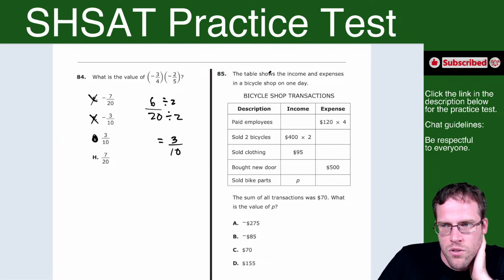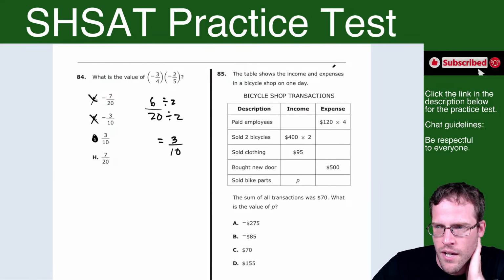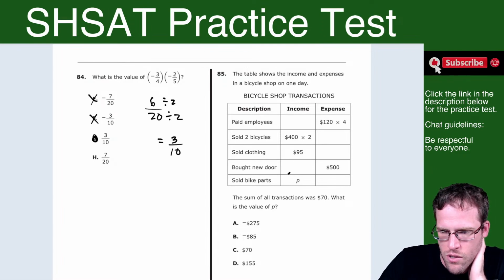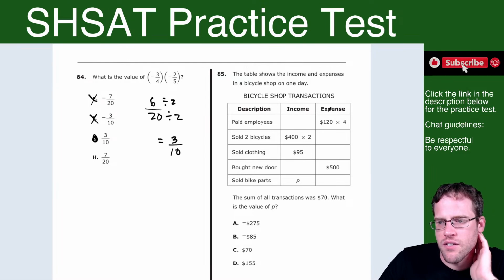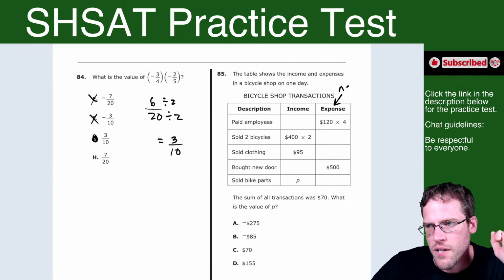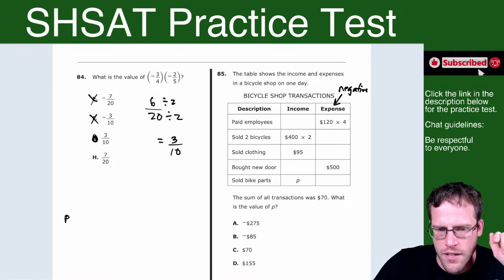So the table shows the income and expenses in a bicycle shop on one day. Income is money coming in, and expenses are money you have to spend. The sum of all transactions was $70. What is the value of P? Just know expenses are negative.